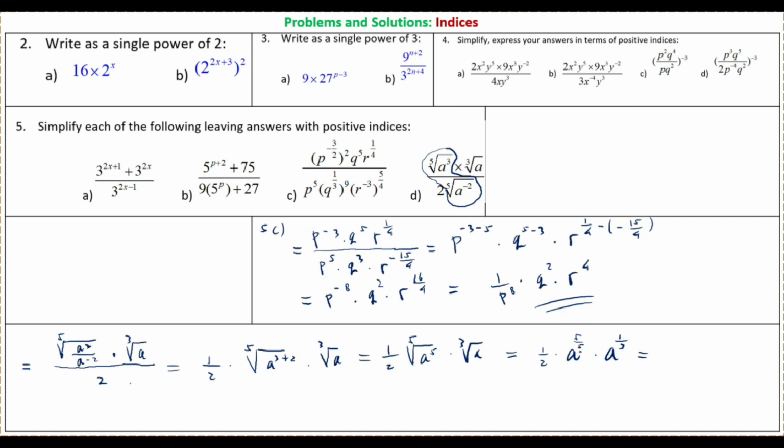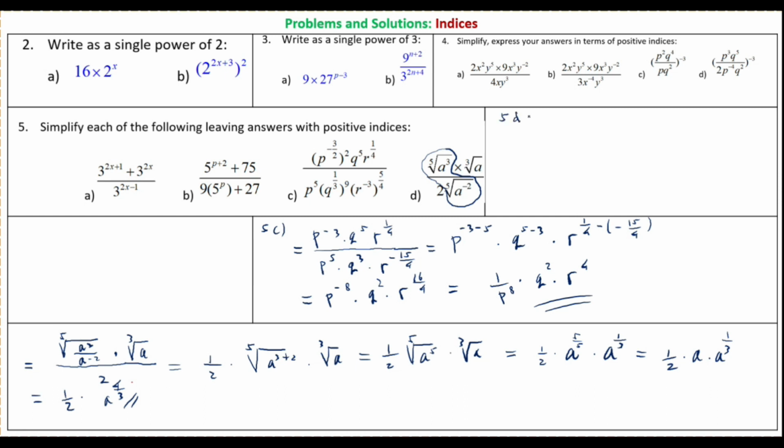So this one is 1, which means just simply a, for a to the power of 5 over 5. A half times a to the power of 1 over 3. So the final result is a half times a to the power of 4 over 3. That's the first way.